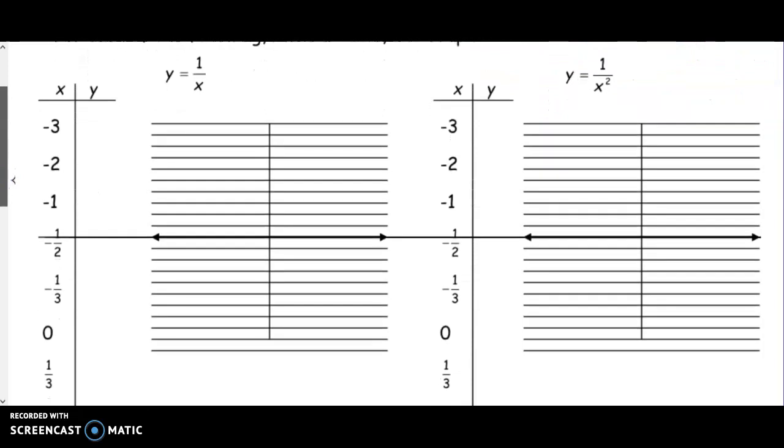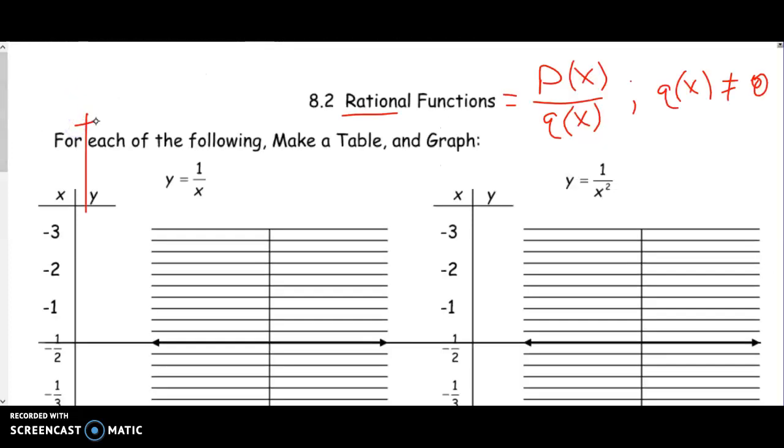So 1 over x, that's going to be your parent function for rational functions. So let's go ahead and plug in and just look what's happening with the table.